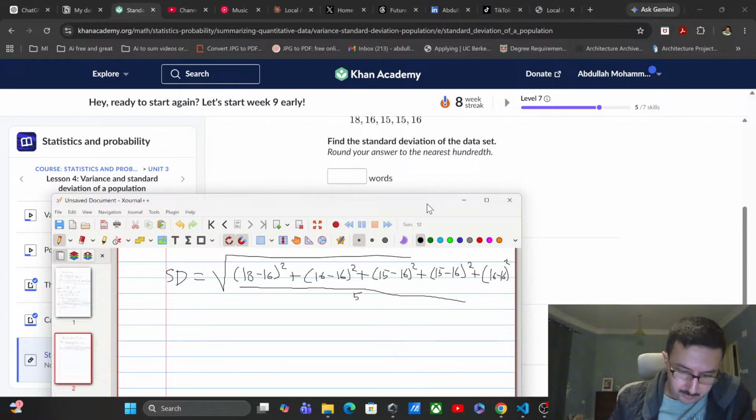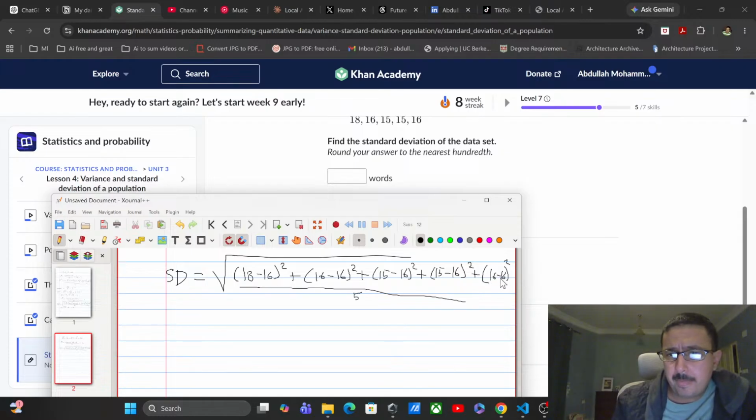18 minus 16 square plus 0 square plus 15 minus 16 square. Okay, do we need this? Yes, we need this. This is actually the easiest stuff, because this is gonna be 0. You see this?